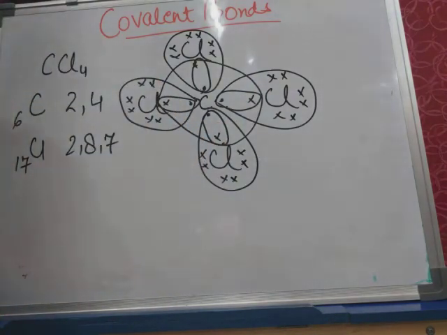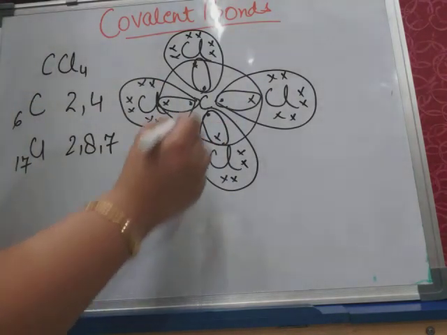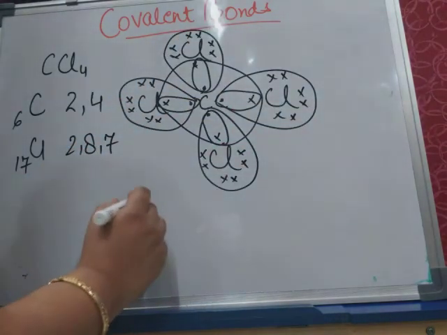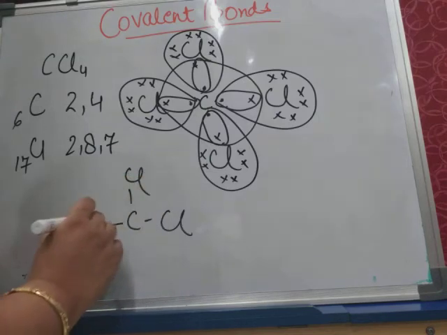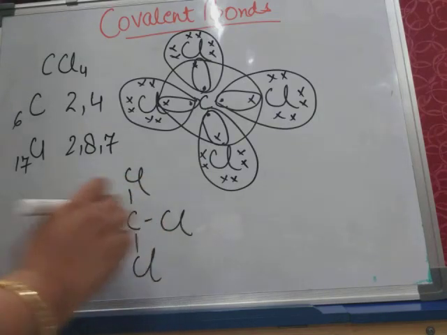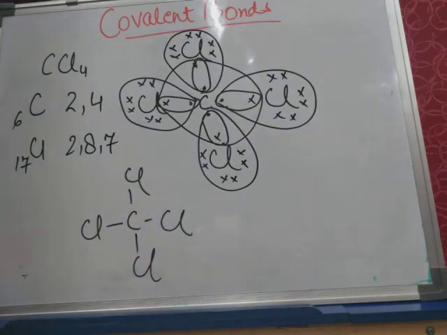This is how the covalent bond is formed between carbon and 4 chlorine atoms in carbon tetrachloride. Here 4 covalent bonds are present. Okay, this was about CCl4.